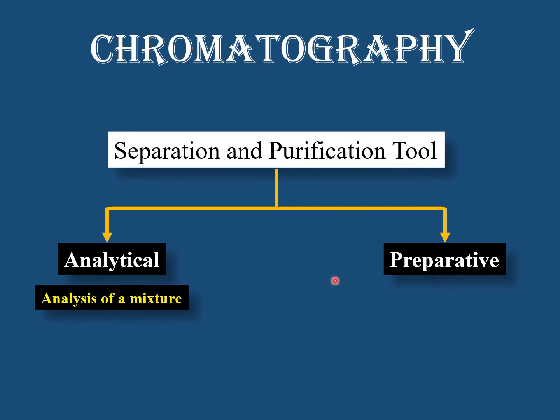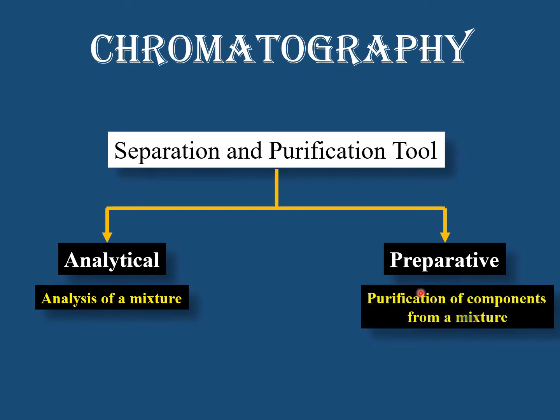But if you want to really use it as a purification tool, then you have to carry it out on a preparative scale, and that means that we can actually purify the components of that mixture. So the basic difference between these two techniques is that in analytical chromatography, we require the sample in a minute quantity, but for preparative chromatography, you can inject or apply your sample in large quantities.